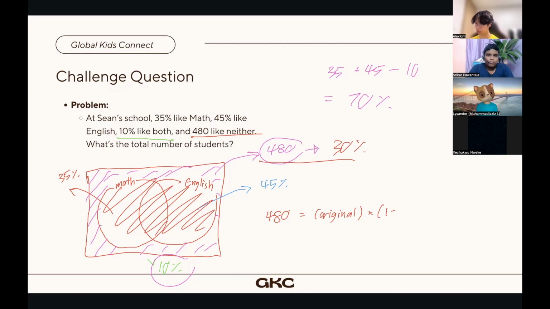Not percentage change actually, but just the percentage. So we can say that it is 30 over 100 because it's 30% of the original population. And then we can divide each side.